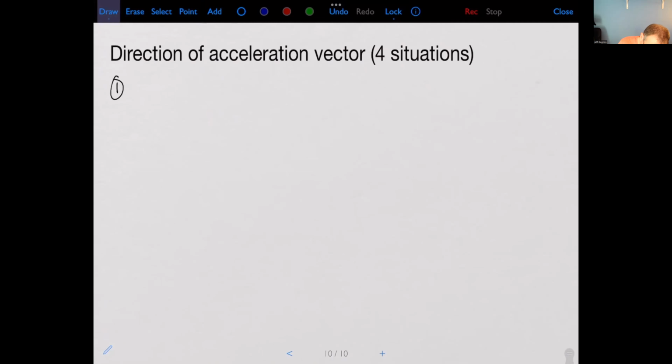Let's say I have a car and it's traveling with some initial velocity to the right. And that arrow represents the magnitude, and the direction is to the right. And then a little bit later, same car is traveling with a greater velocity, but to the right. So Vx.